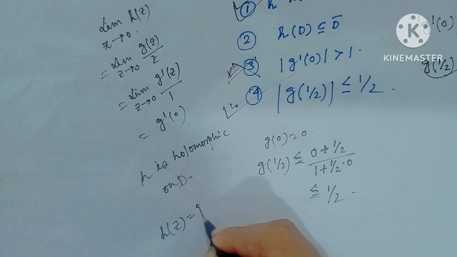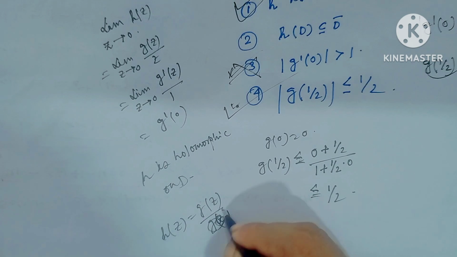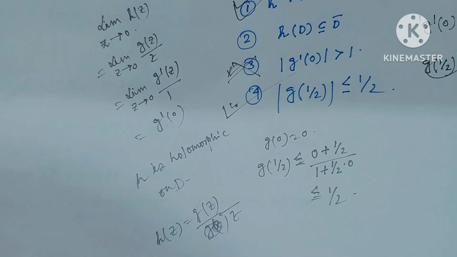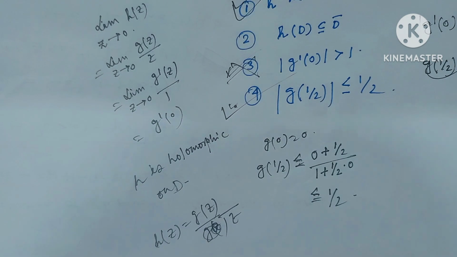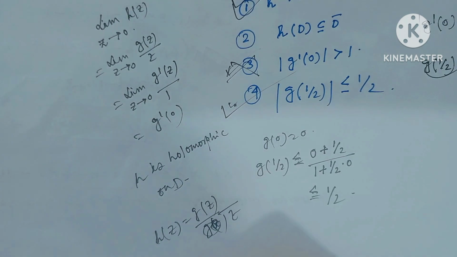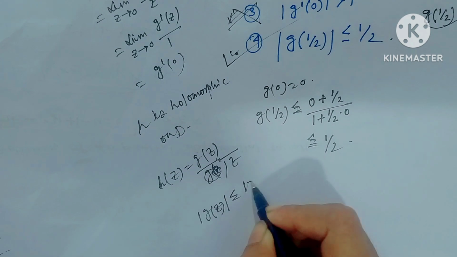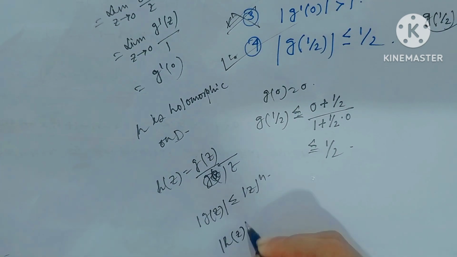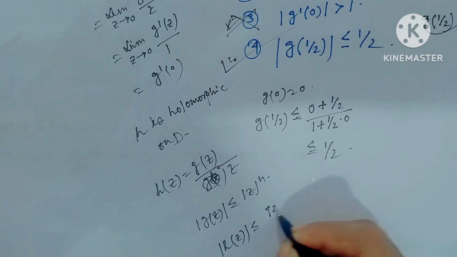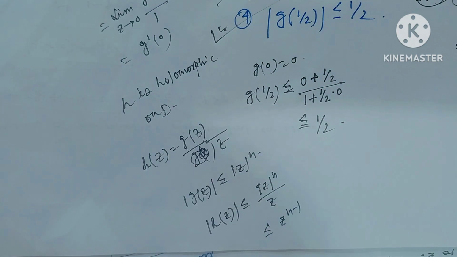h(z) means g(z) over z. Since g satisfies all conditions of the Schwarz lemma, obviously modulus of g(z) is less than or equal to modulus of z to the power n. So the absolute value of h(z) would be modulus of z to the power n over z, so this value would be modulus of z to the power n minus 1.